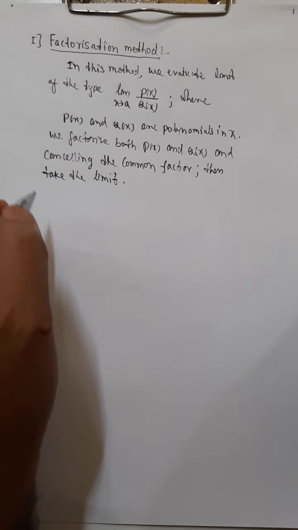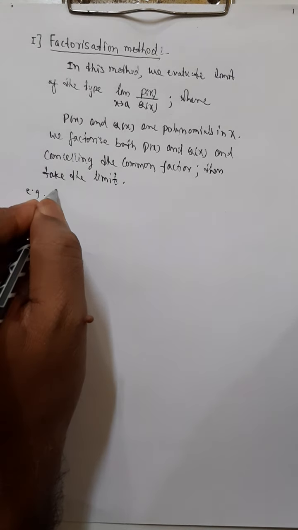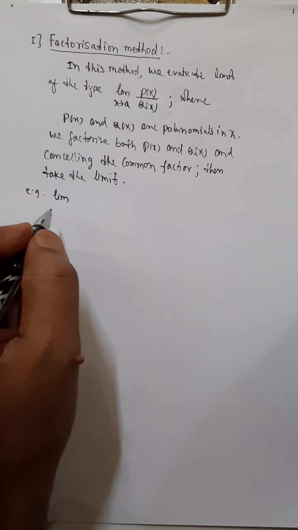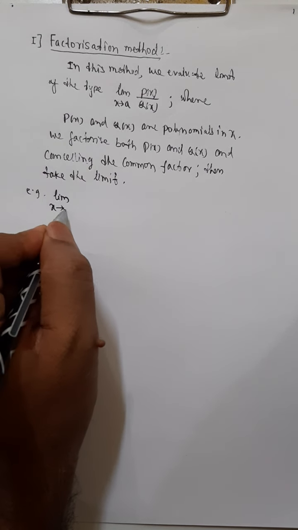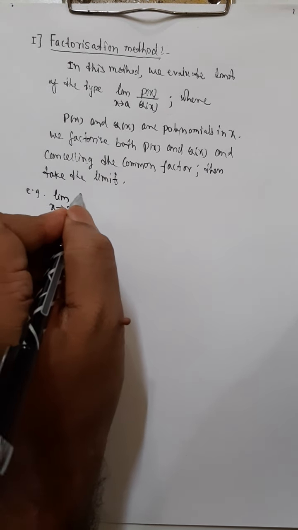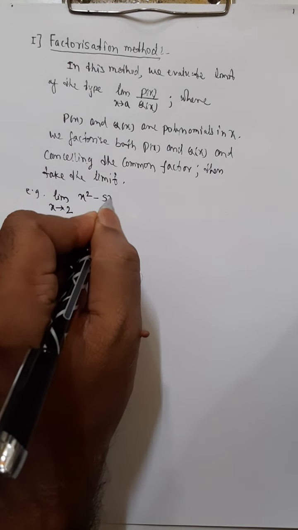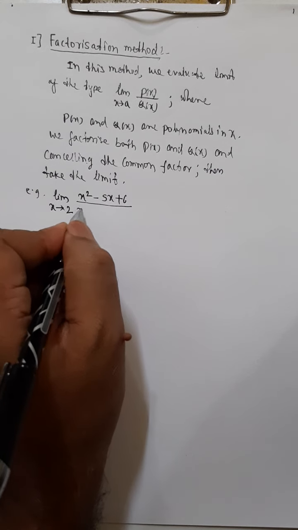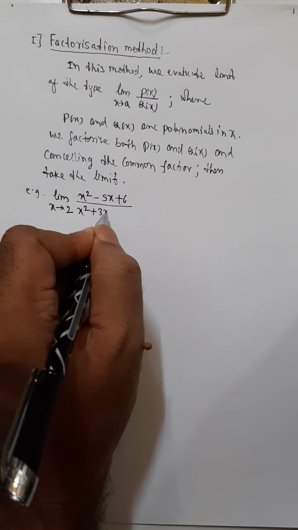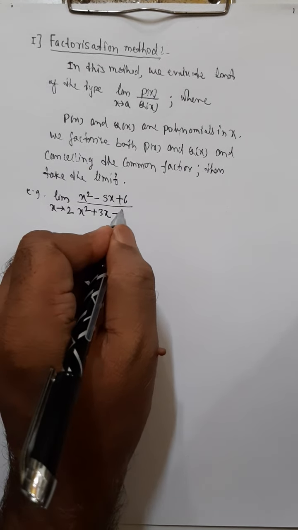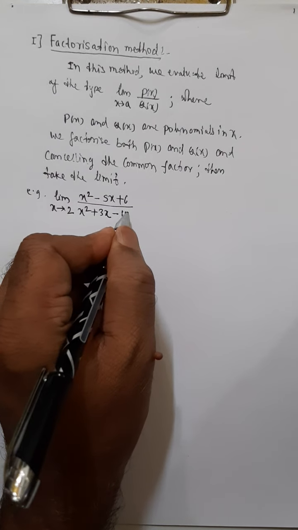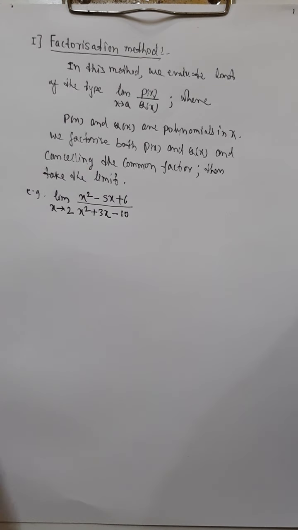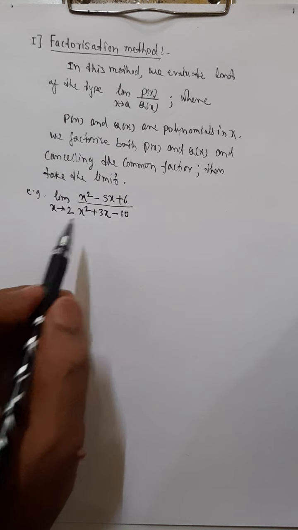For example, let limit as x tends to 2, x square minus 5x plus 6 divided by x square plus 3x minus 10. So here p of x means numerator, q of x means denominator.